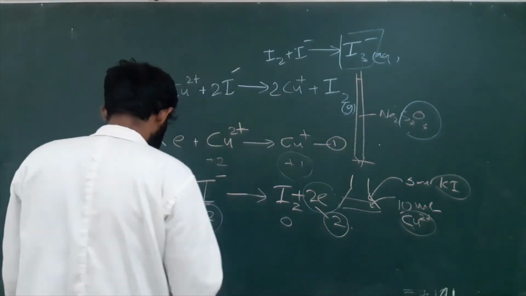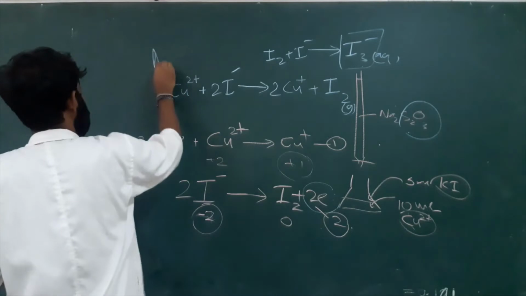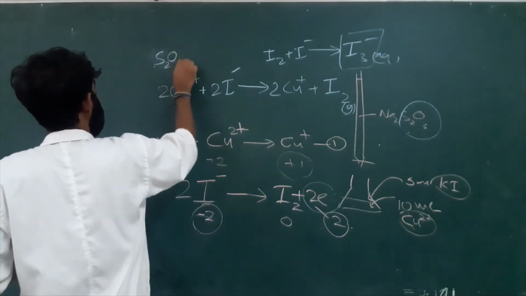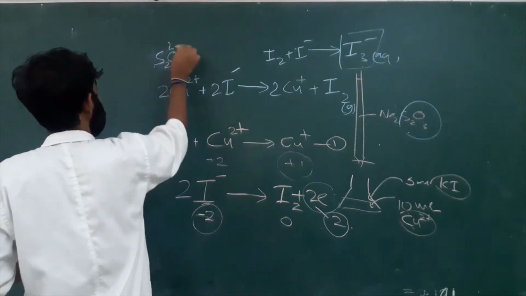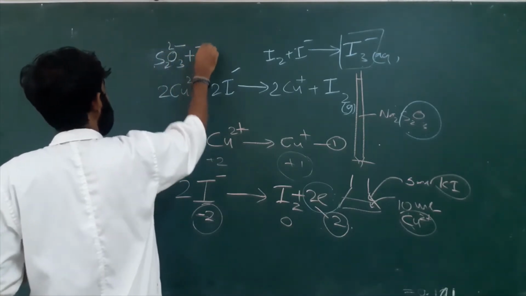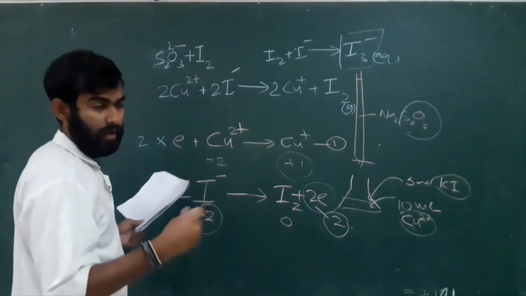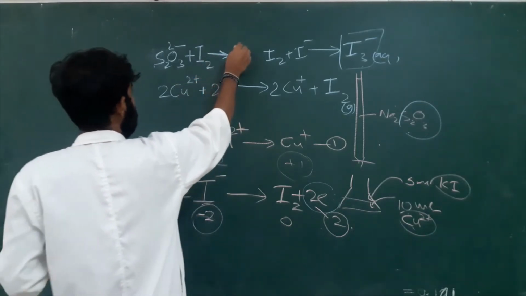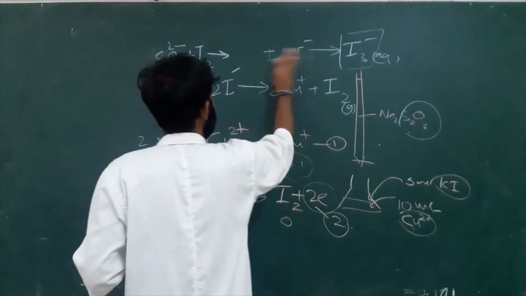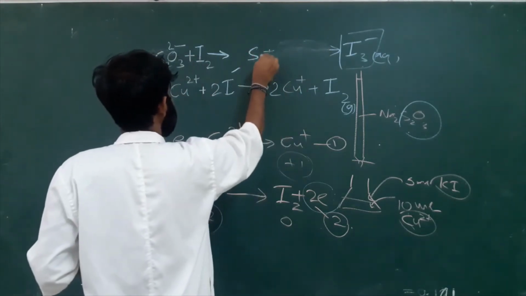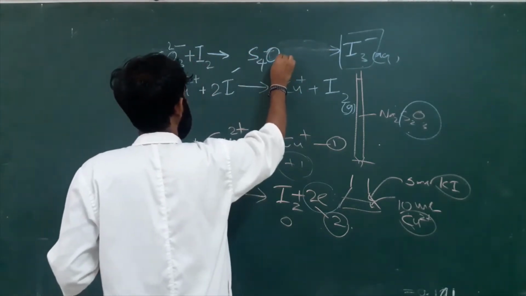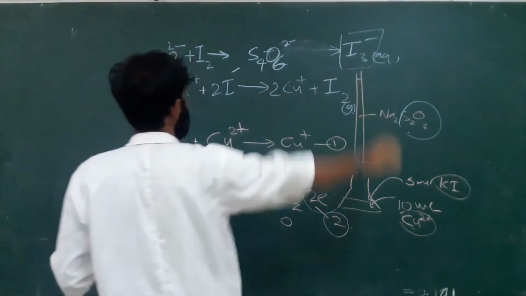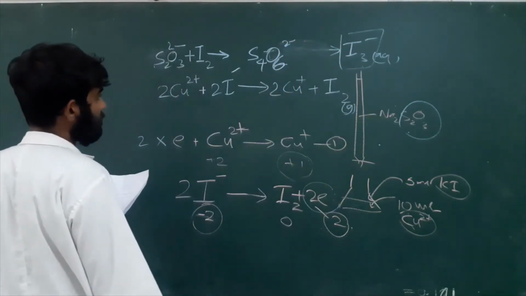Now the reaction with sodium thiosulfate: S2O3 2 minus plus this I2. When I2 reacts, the thiosulfate ions will convert into S4O6 2 minus.